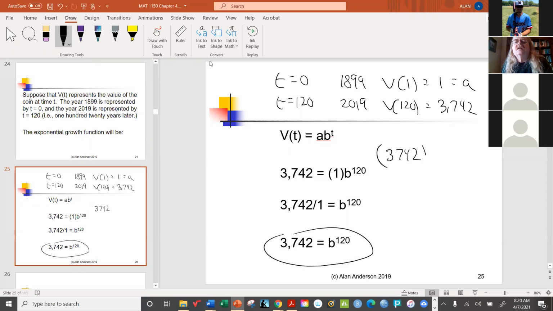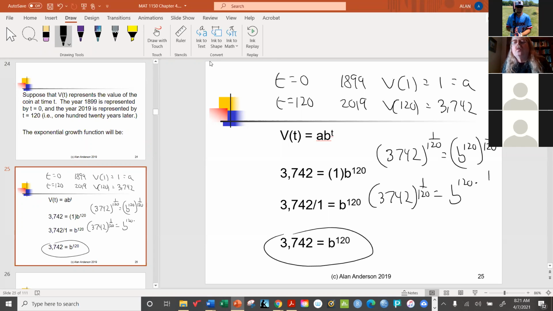Let's raise both sides to the 1/120 power. Because algebraically, this is the same thing as b to the 120 power times the 1/120 power. And so the goal is to reduce the exponent of b to 1.